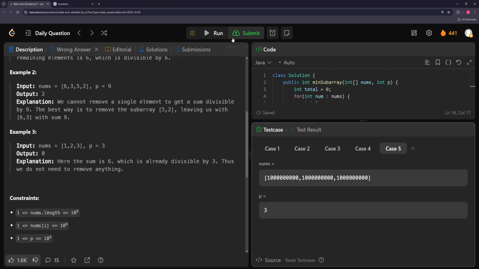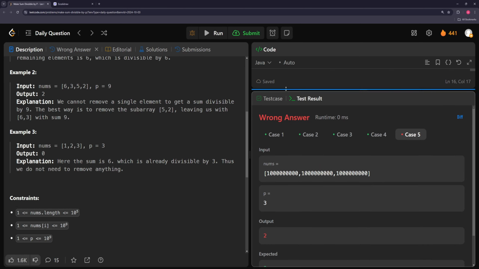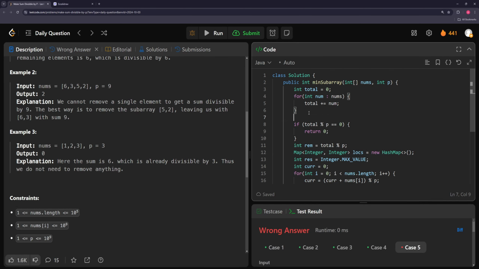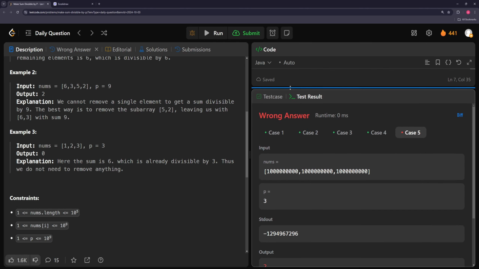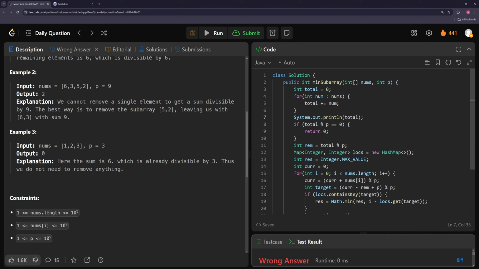So let's go back, run it again. Maybe print the total or something. Definitely doing something silly here. Okay, so we are getting overflow. Okay, so this definitely has to be a long then.